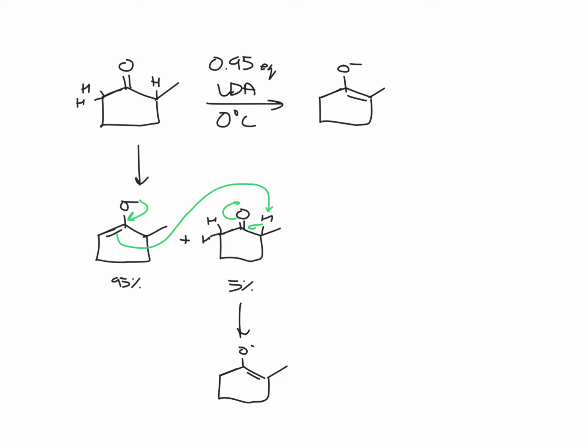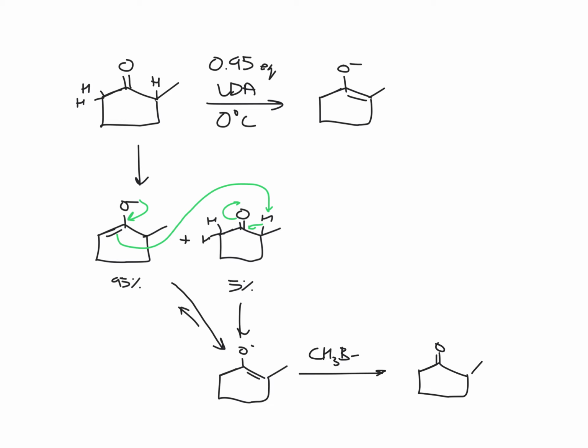And we talked about how at equilibrium, this enolate is going to be favored over that one because this is the more stable enolate. It's more substituted. So given enough time and a little bit of a higher temperature and an excess of starting material so that we could establish this equilibrium, we're going to get to this enolate. And then once we react that enolate with the electrophile, that's going to give us the other product.